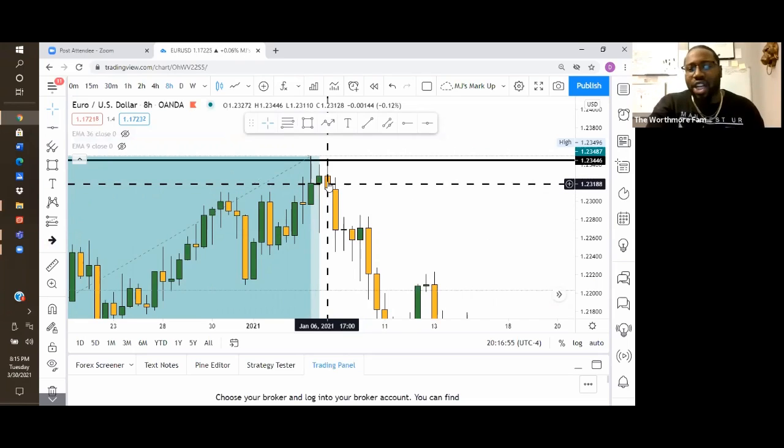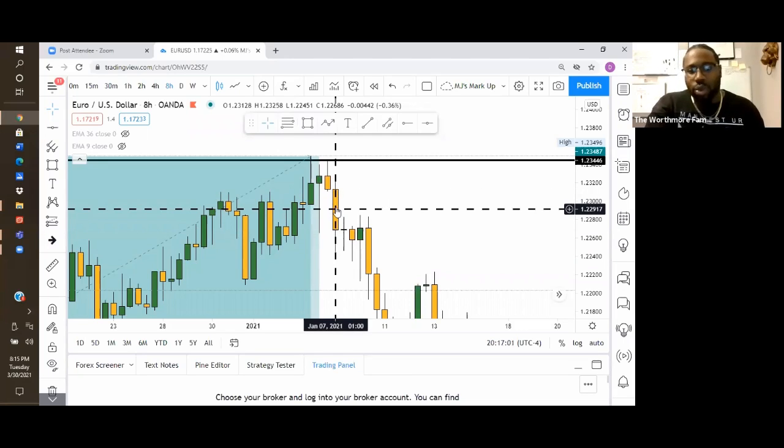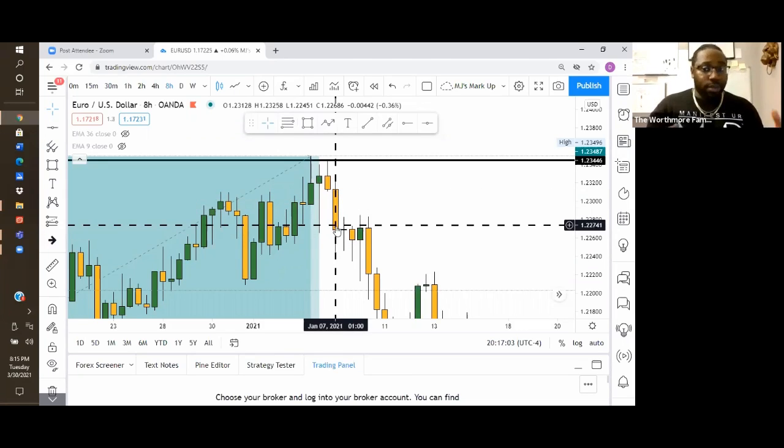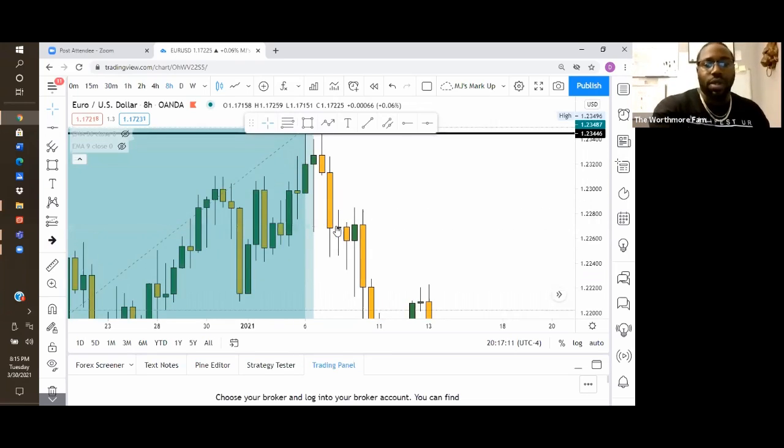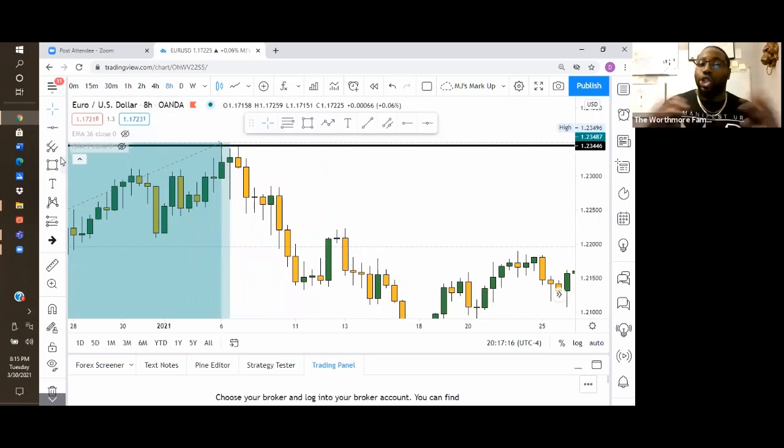I personally wouldn't have taken the trade on this one. That wasn't enough of confirmation for me. But this candle right here, oh yeah. This is the candle where I would have taken my entry. Now, with that said, my stop loss would have been a little deeper, but if you look at how it plays out, the drawdown is minimal, okay? So here is where I would have gone short, okay?